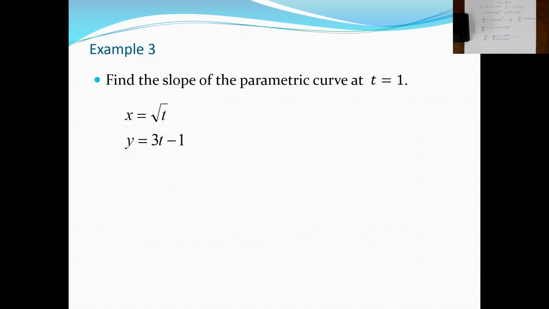So number 3, our 2 functions are x is the square root of t, and y is 3t minus 1.